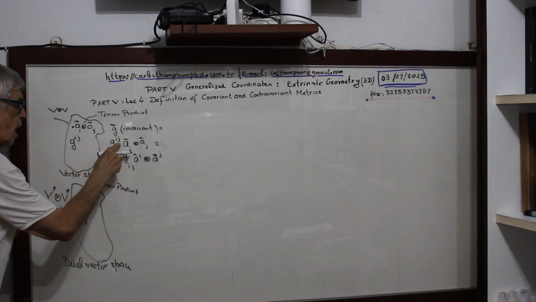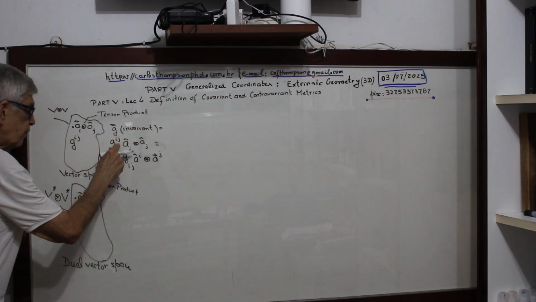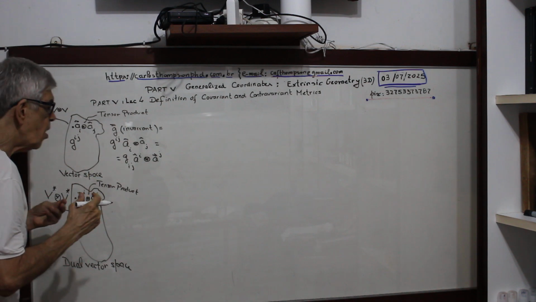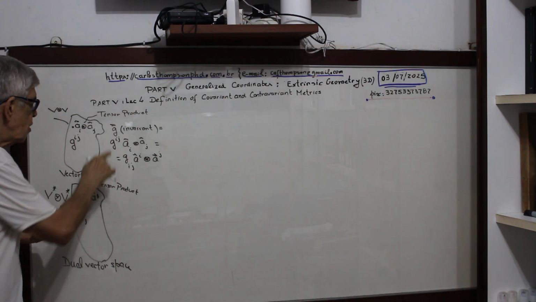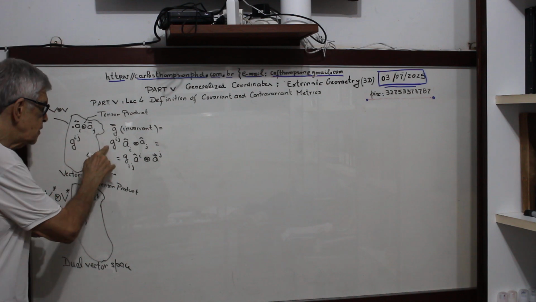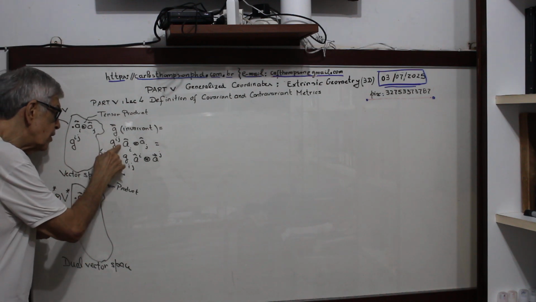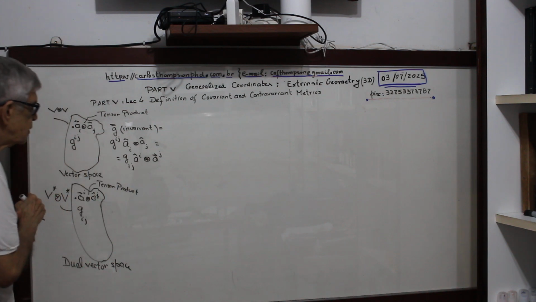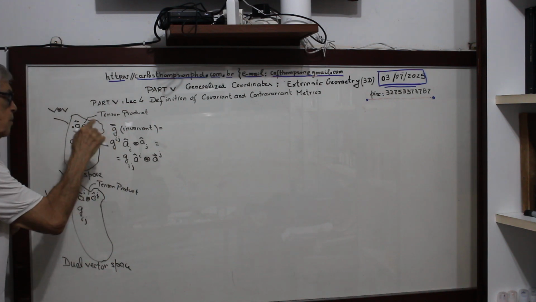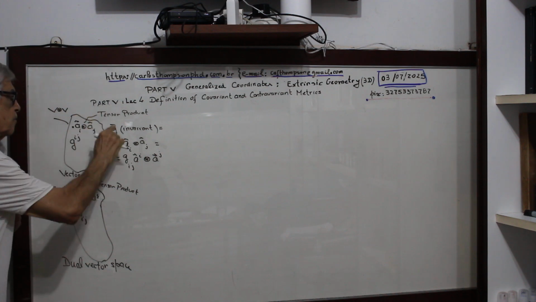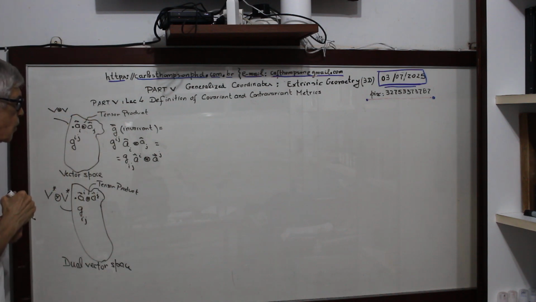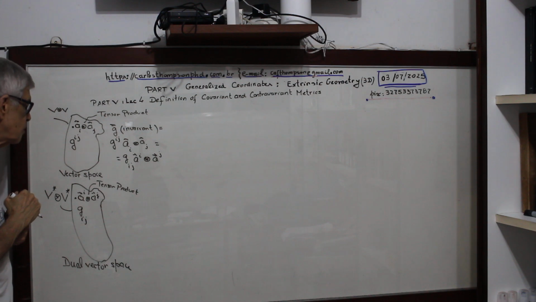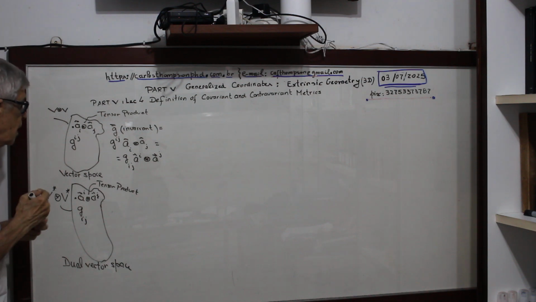Now, G^ij contravariant, they are the components of this tensor here. This here is the contravariant component. This is the covariant component. Or the same, it is an invariant tensor product, the second tensor product, second order.